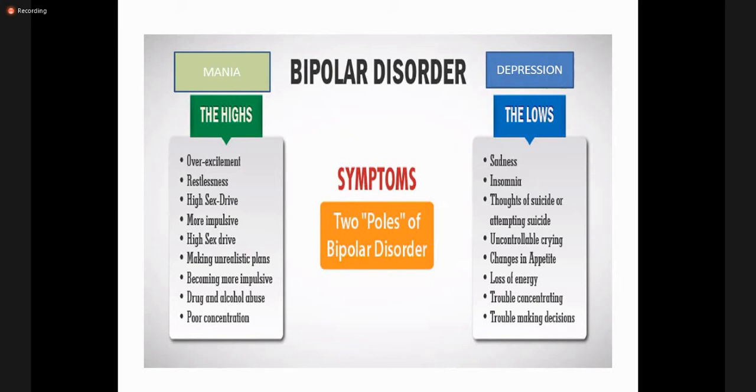Because they have delusions of grandiosity. They believe they can do anything. So they make unrealistic plans at that point in time. And there's a greater chance of drug and alcohol abuse during that. Depression is the complete opposite, and you will probably be covering that in mood disorders.